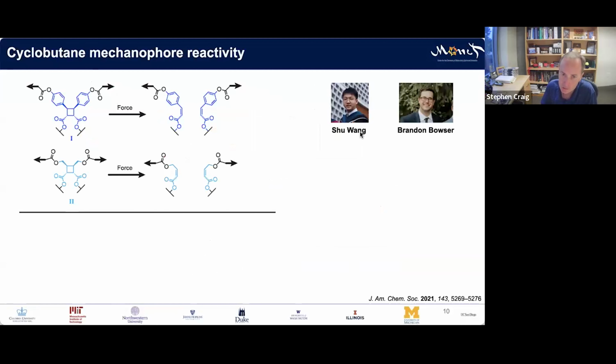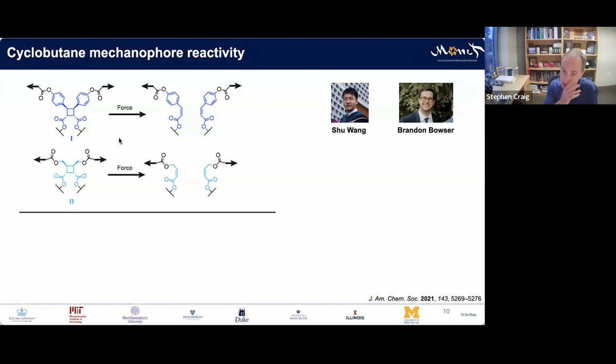And a few years ago, Xu Wang and Brandon Bowser in the lab wanted to characterize the force-coupled kinetics of breaking cyclobutanes, like I showed a couple of slides ago, apart now into a pair of alkenes. So the product of these reactions are these alkenes.